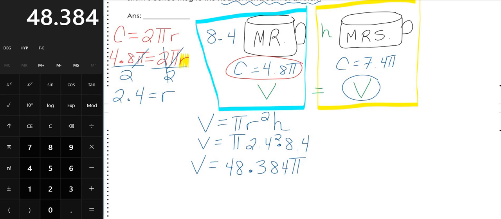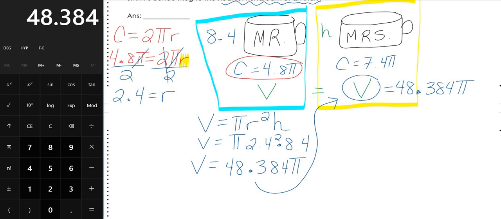Okay, so now that I have that volume, I could go ahead and write down that Mrs. Smith's volume is the same exact thing, 48.384 pi. Okay, well, that doesn't give me the height yet. Well, let me go ahead and write down my volume formula again.